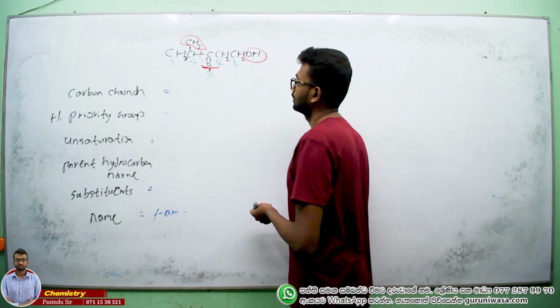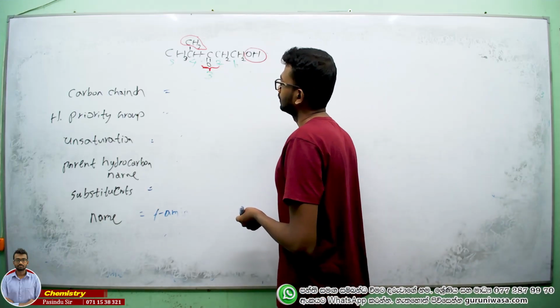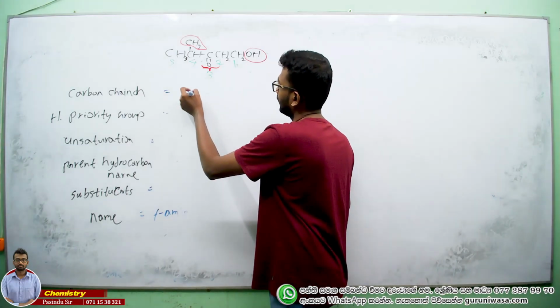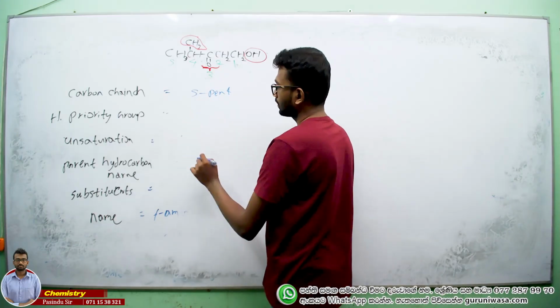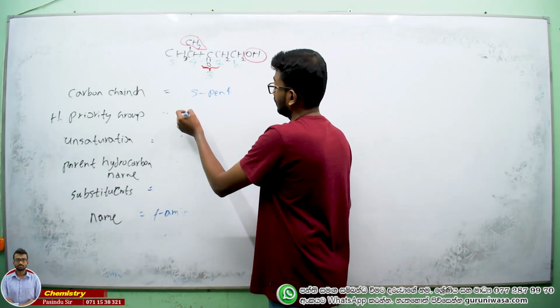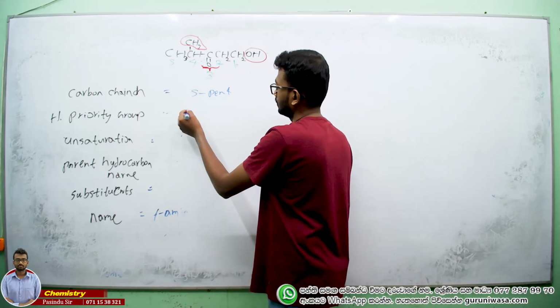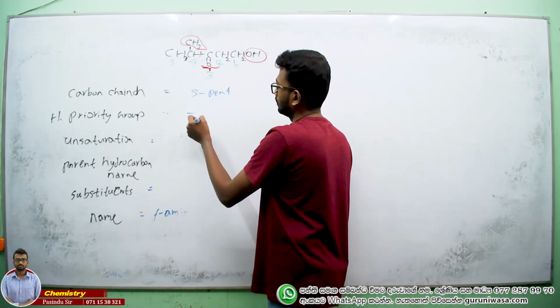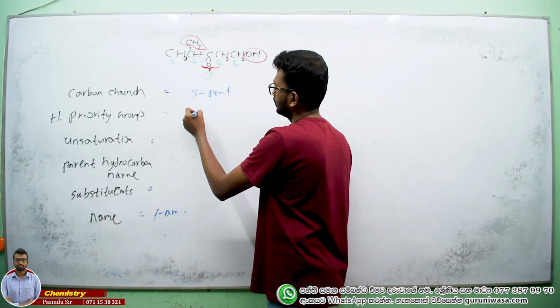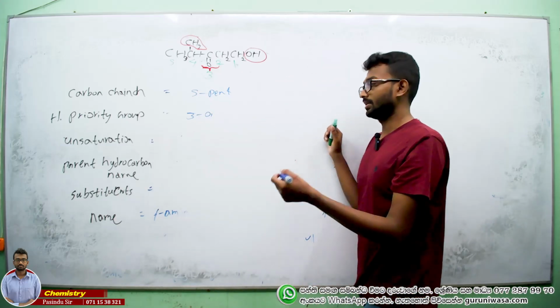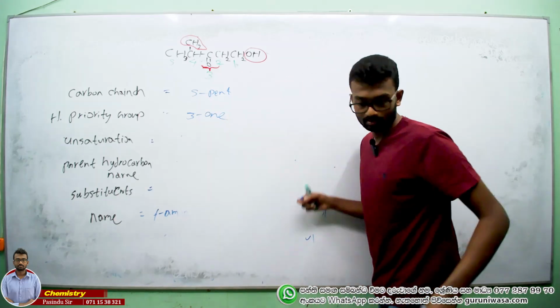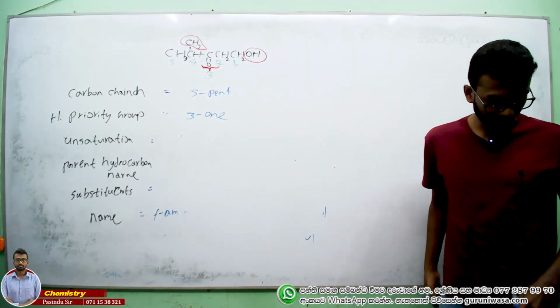Then name it. Carbon chain pent. Then the highest priority group, ketone group, 3 one, right? 3 on.